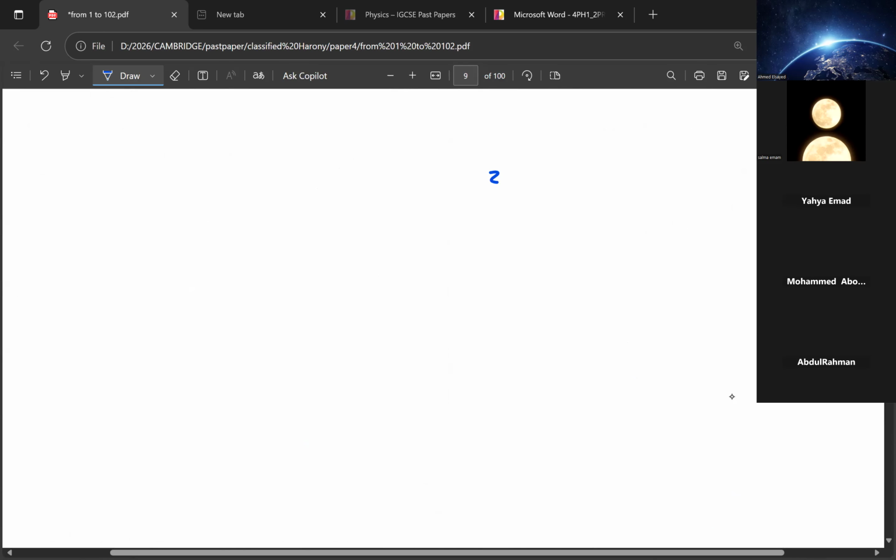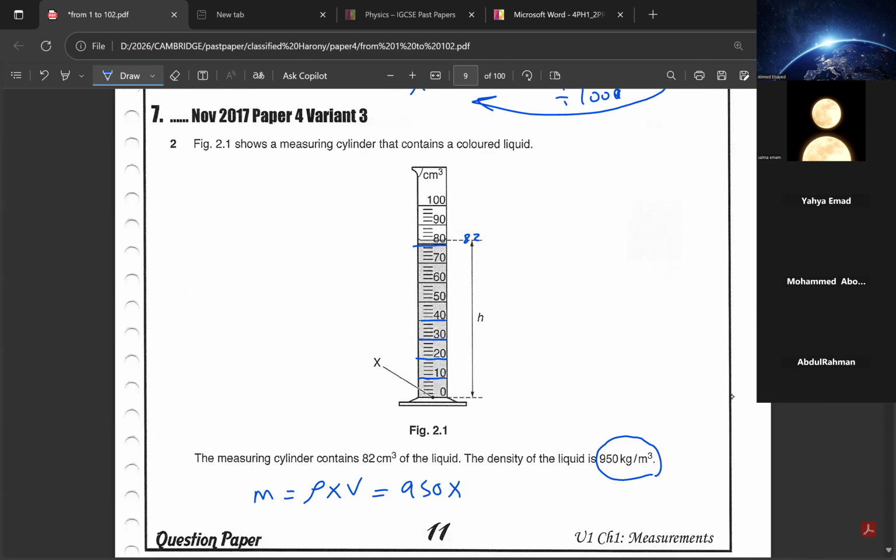Okay. So now 82. What is the result? 77900. What is the unit? Kilogram per meter cube. We are finding mass. Kilogram.